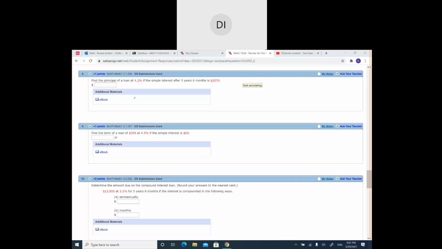The interest is principal times rate times time. We have the rate, and we need to change it to decimal. 5 years and 6 months, so it's going to be 5.5 years. That's the time. The rate is going to be in decimal form, 0.042.